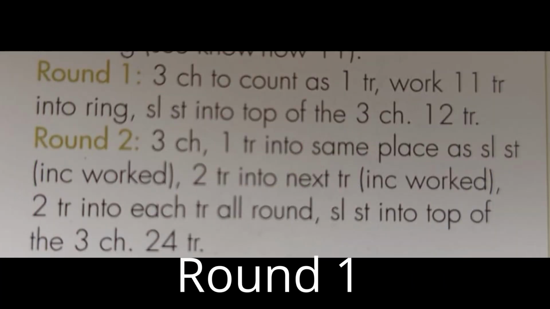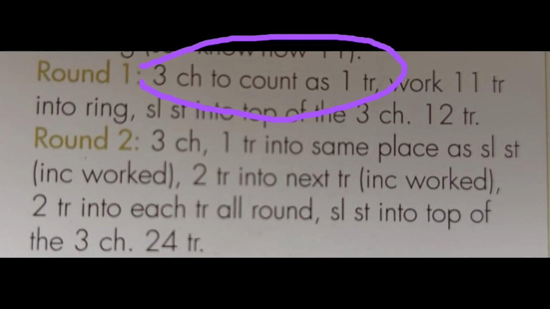So in round 1, you'll see 3 CH to count as 1 TR. So 3 chain to count as 1 treble. So that means you're going to chain 3 at the start of your first round. Okay? Then it says work 11 trebles into the ring.